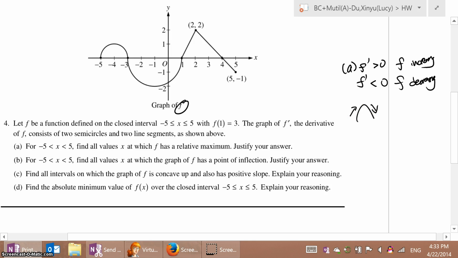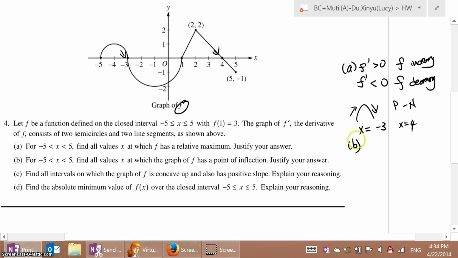So we should find a point at which f prime changes from positive to negative. Based on the graph, we found that at x equals -3 and at x equals 4, the graph changes from positive to negative. And that's it for part A.